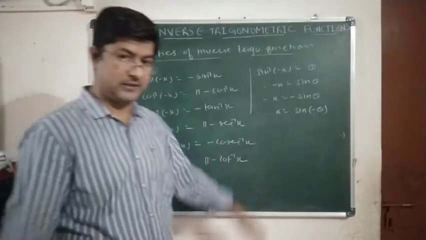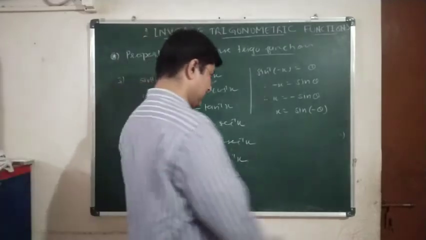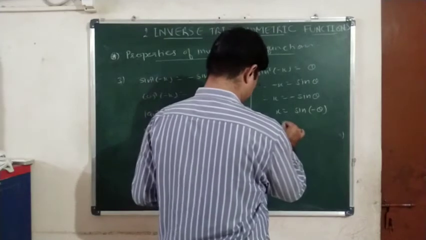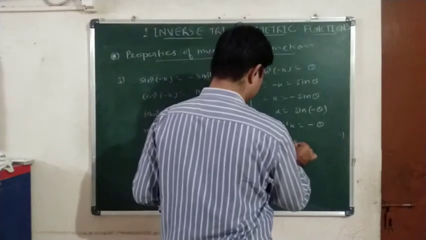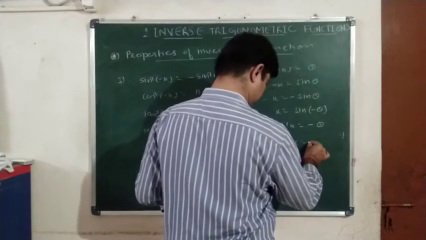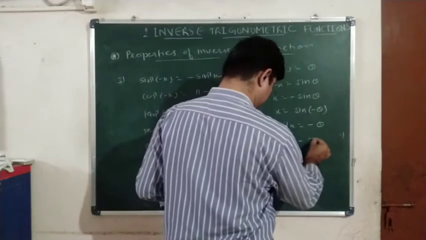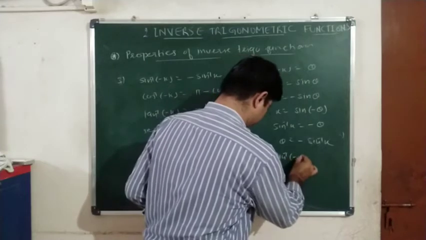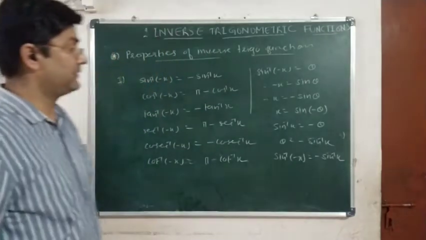This we have seen in standard 11 trigonometry, that sine of minus theta is equal to minus sine theta. Now you can convert. Sine inverse x is equal to minus theta, or theta is equal to minus sine inverse x, and theta is what? Sine inverse minus x is equal to minus of sine inverse x.